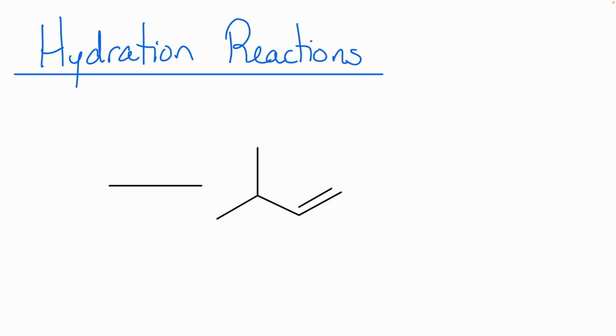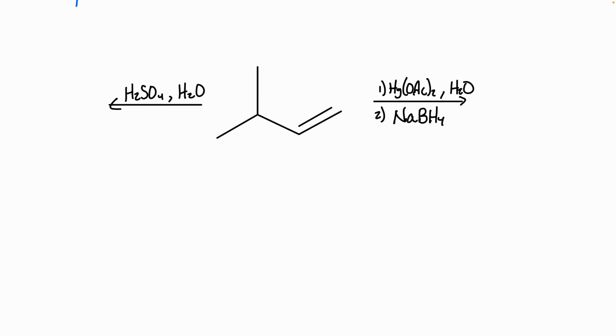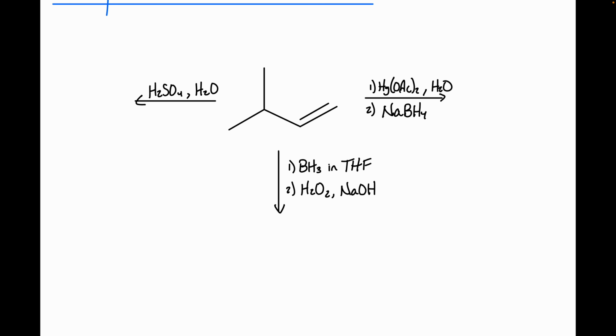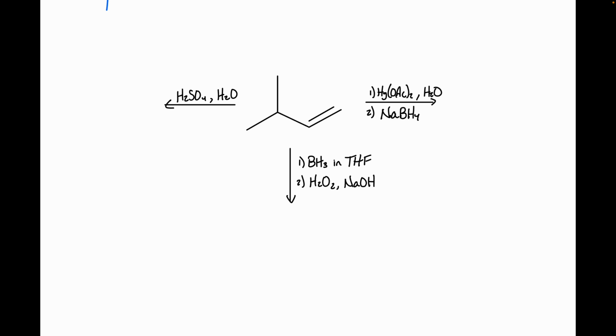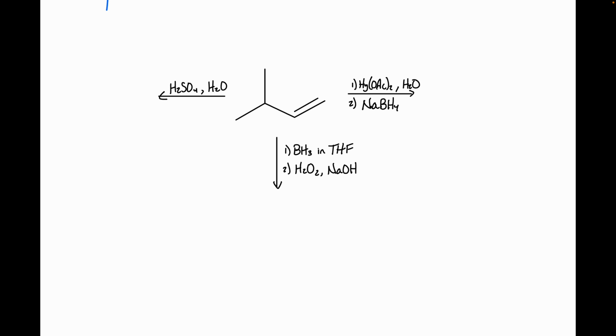And we're going to do all three: our dilute sulfuric acid, our oxymercuration, and our hydroboration. All right, so take a second and fill out this little wheel here. What are our expected products given this same alkene for each one of these reactions?